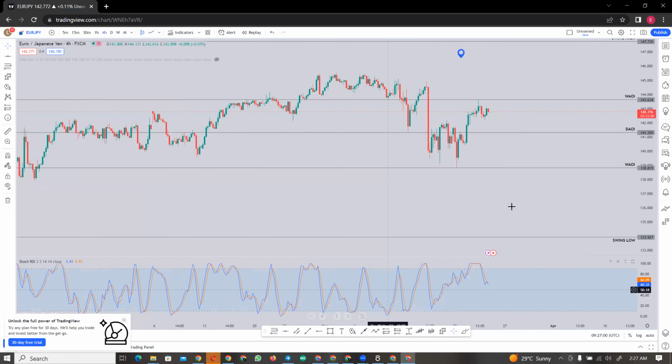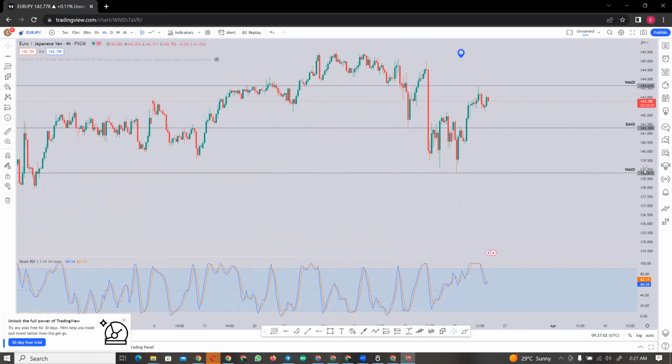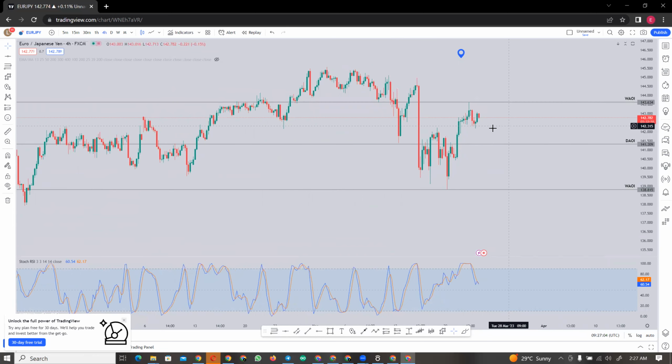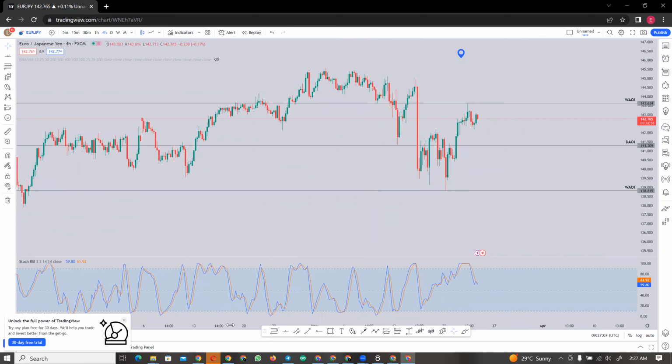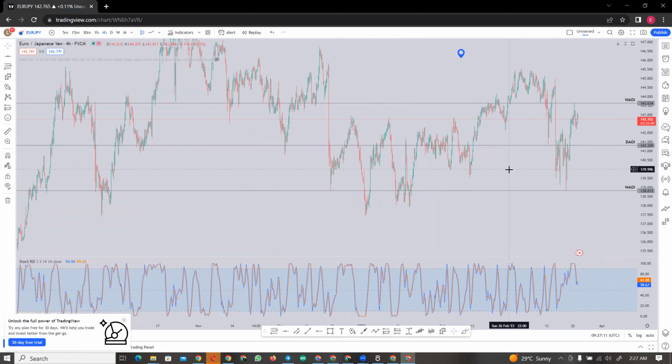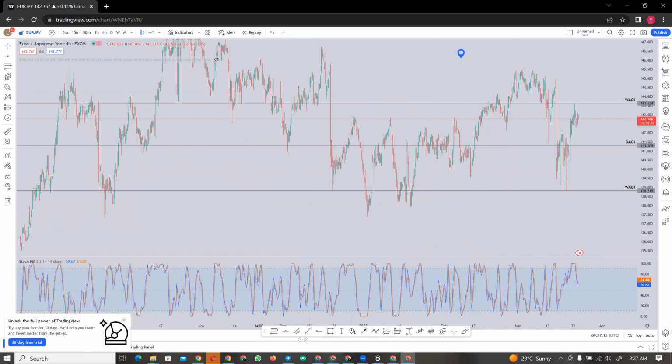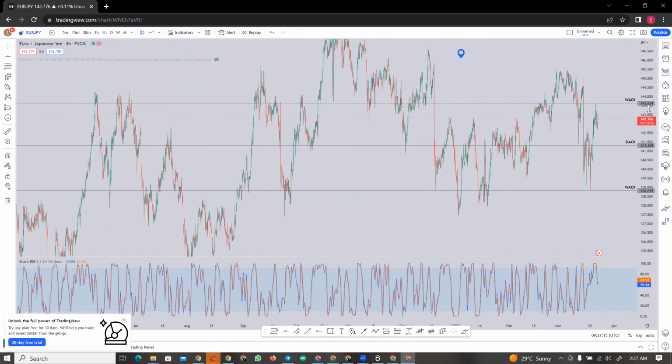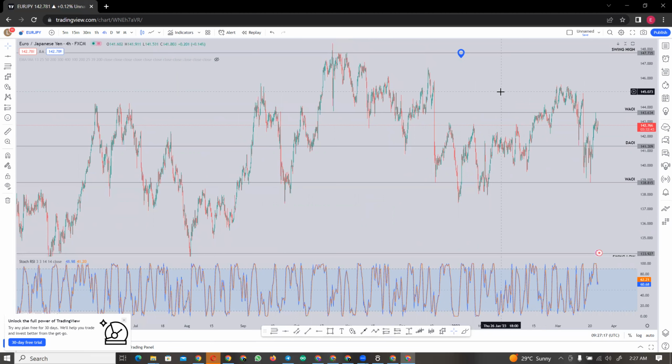So if, for example, market breaks this place, so on 4-hour time frame, let me check the structure. The market structure on 4-hour time frame. So on 4-hour time frame, let's just mark, this is bearish.